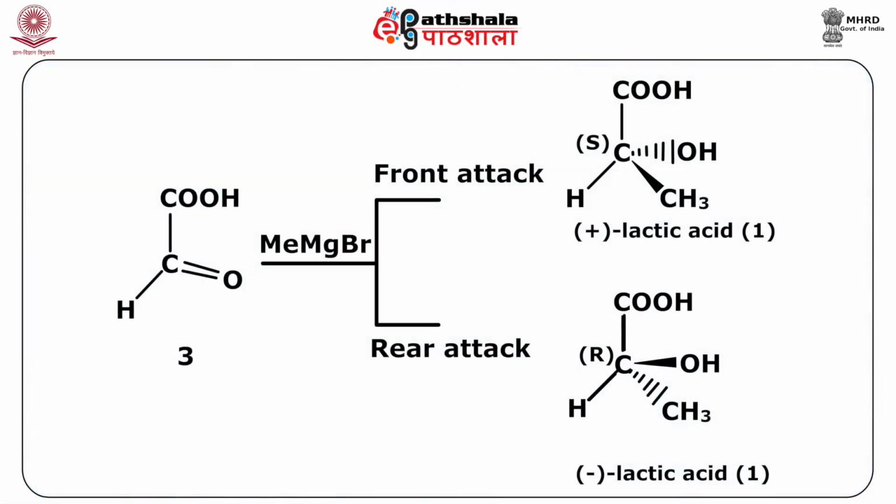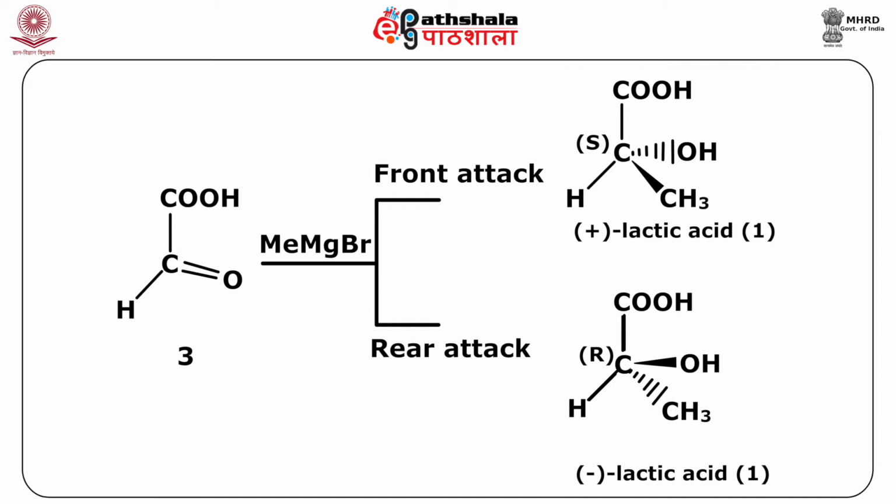Substitution is one of the common ways to interconvert organic molecules. The lactic acid in principle can be synthesized by the addition of methyl magnesium bromide to the carbonyl of glyoxylic acid, for which it may be necessary to protect the acid group as an ester. Now we should note here that the attack of the Grignard reagent on the front face of the carbonyl gives S-lactic acid, and the attack on the rear face gives R-lactic acid.